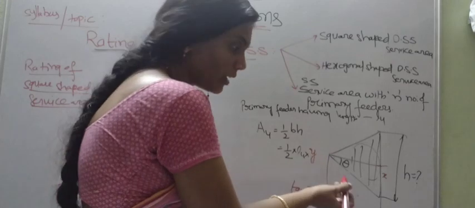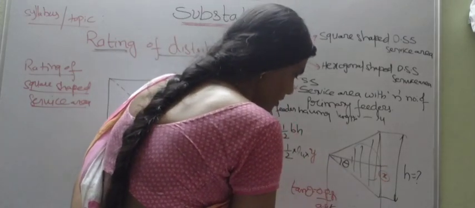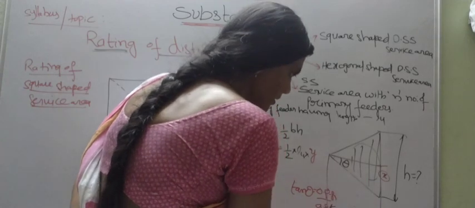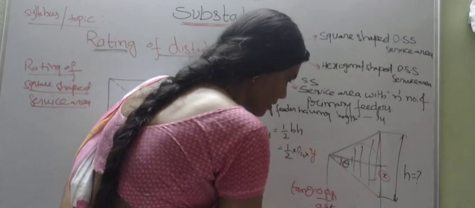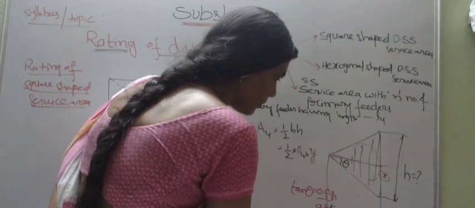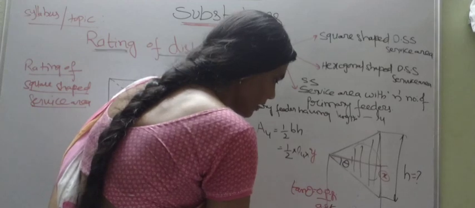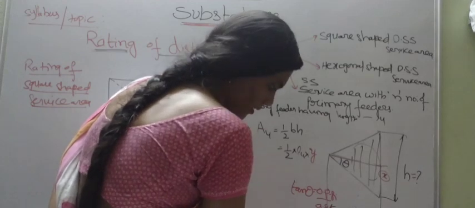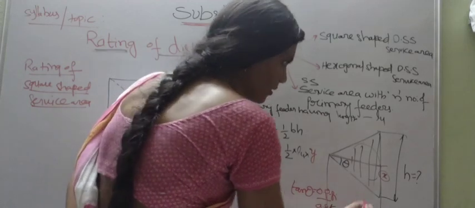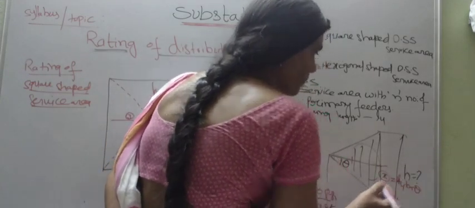The opposite side is x and the adjacent side is this one, L4. So tan theta equals x by L4, then x equals L4 tan theta.